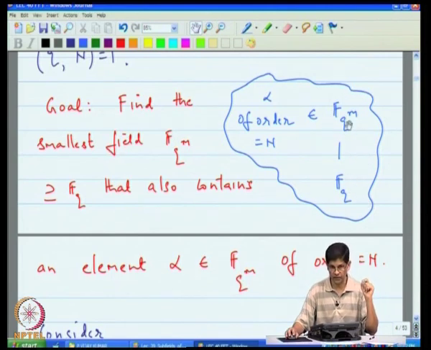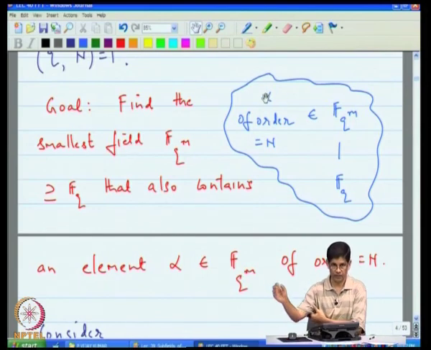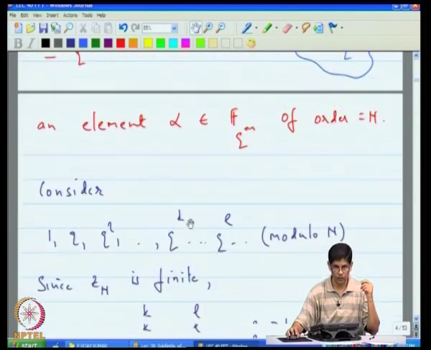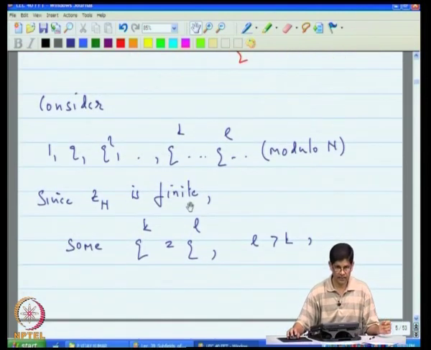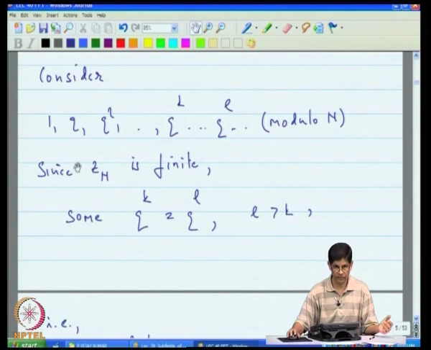You can go up from here to here, and you can be sure that there is a larger field that contains this field, which contains the desired element alpha. That is our goal, to find this bigger field, and the way you find it is quite easy. What I can do is take 1, q, q squared, q cubed, q to the k, q to the l, and keep going, and I do this modulo n.